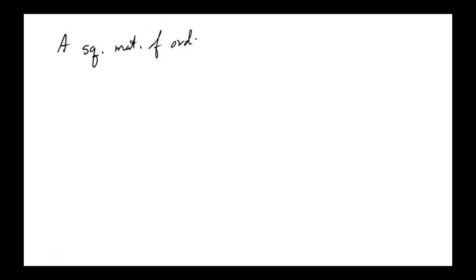In other words, it's an n by n matrix. And C is a scalar. Then the determinant of CA is equal to C to the n times the determinant of A.